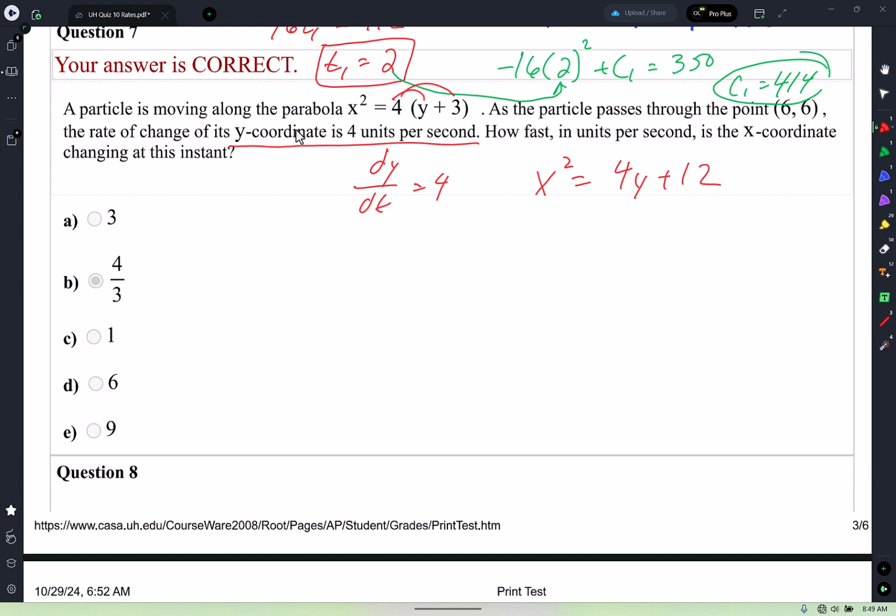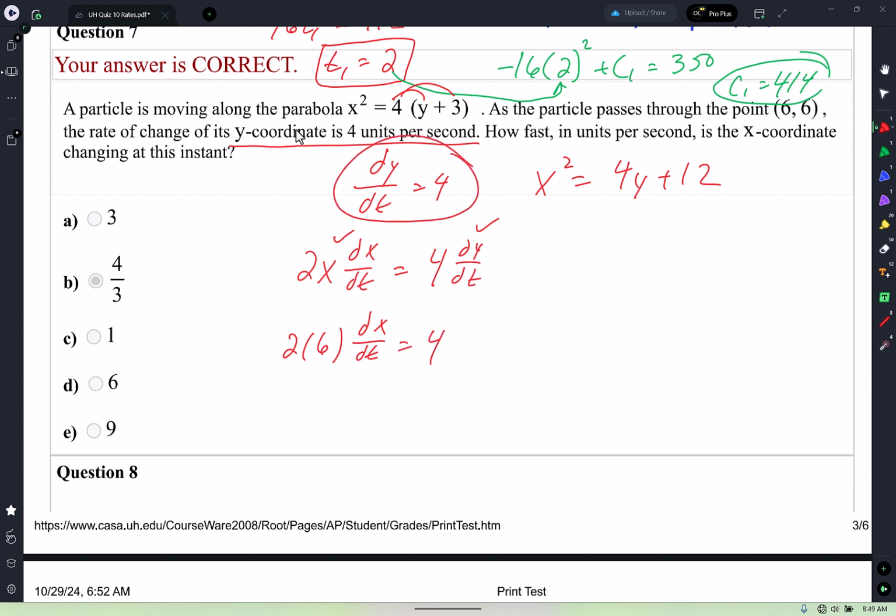I have everything I need. Just take a derivative with respect to time. So 2x dx/dt equals 4 dy/dt. Just plug in dy/dt, plug in x, and then solve for dx/dt. So 2 times 6 dx/dt equals 4 times 4. I'm solving for dx/dt because that's what they wanted. How fast is the x coordinate changing?